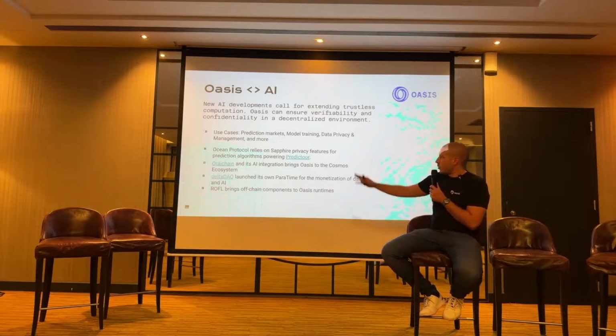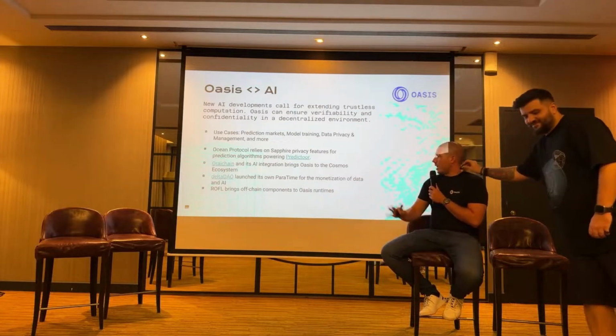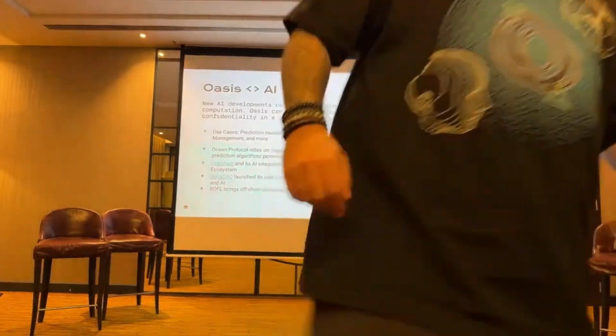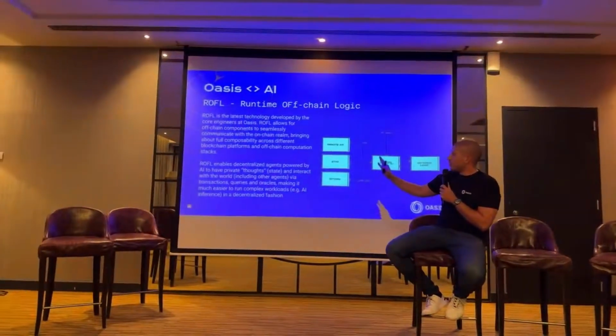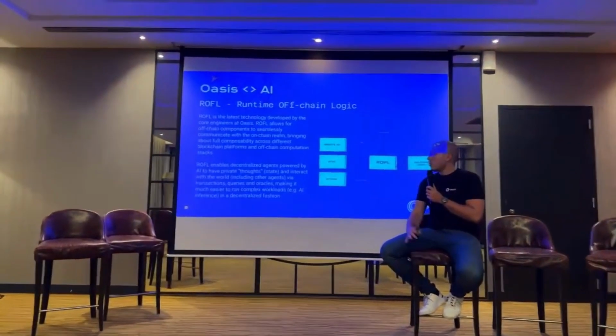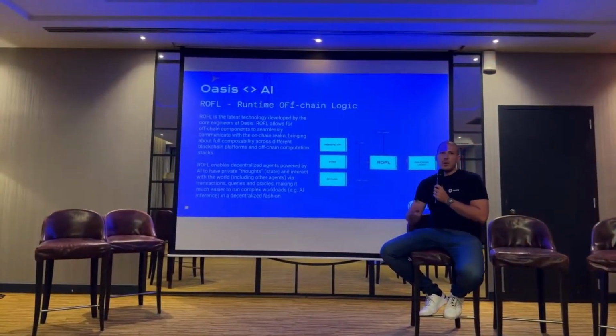So we have a few projects that are already in the AI space utilizing Sapphire for their needs. But I'm going to talk a little bit more about ROFL, the runtime offchain logic. What we're trying to do is create a framework where you can have off-chain compute. You can use Intel TDX together with NVIDIA GPU, right?